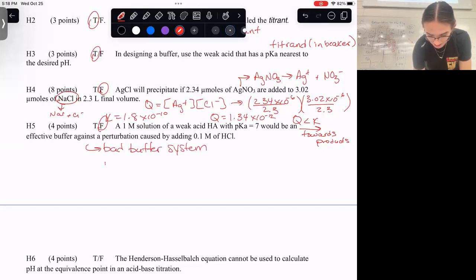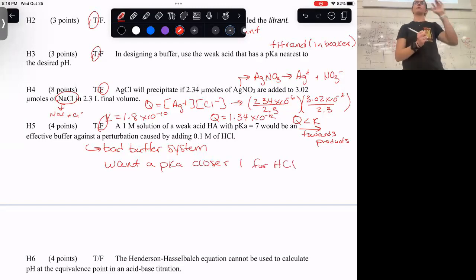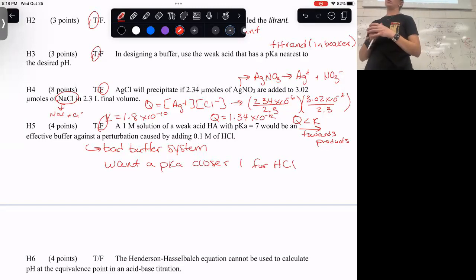We would want a pKa closer to probably 1, something very far on that acidic range. Go ahead. I have a question about finding the pKa. You're adding the HCl in, so you want a pKa close to the HCl, but what about the stuff that you're adding it into?